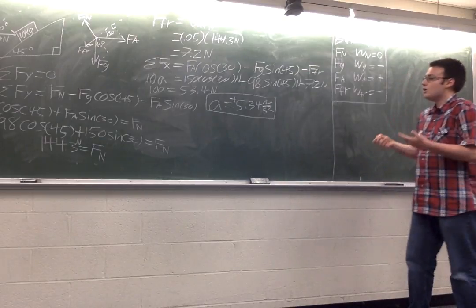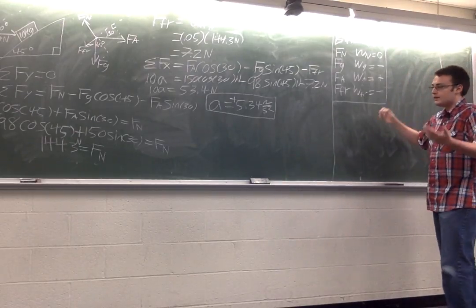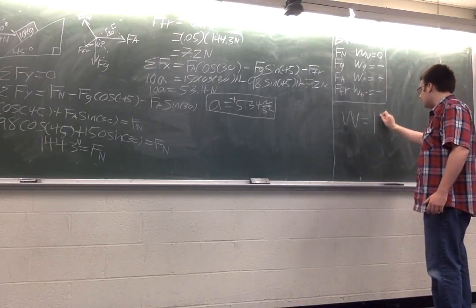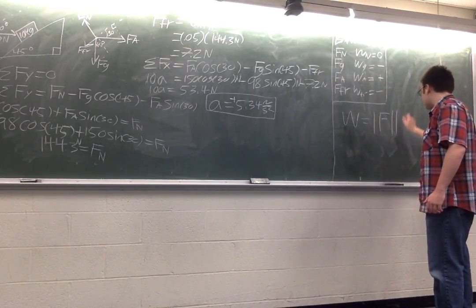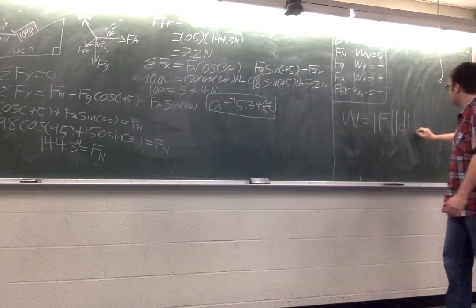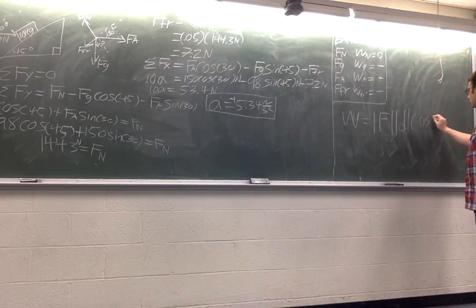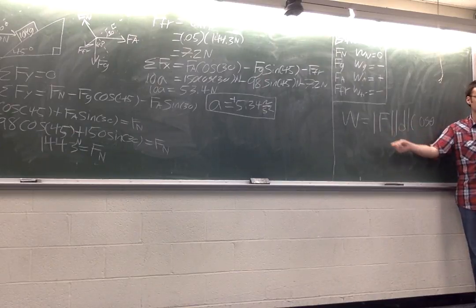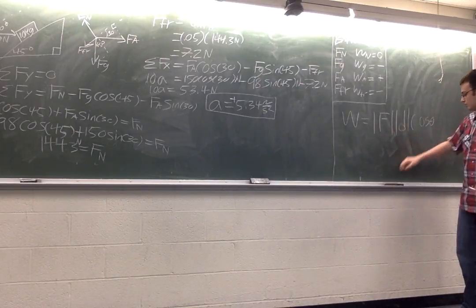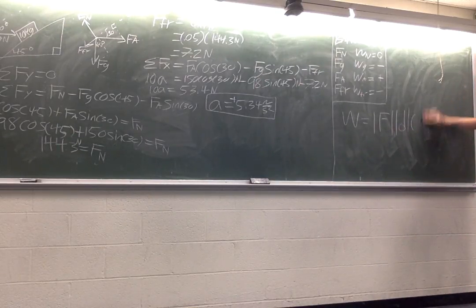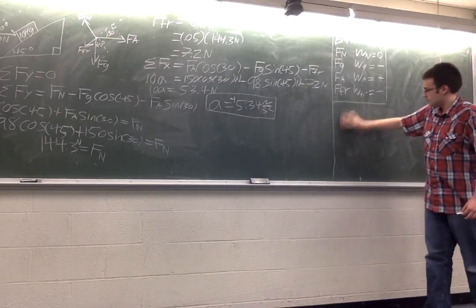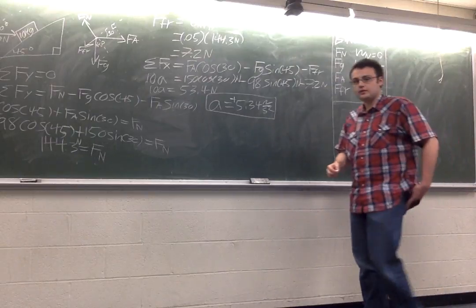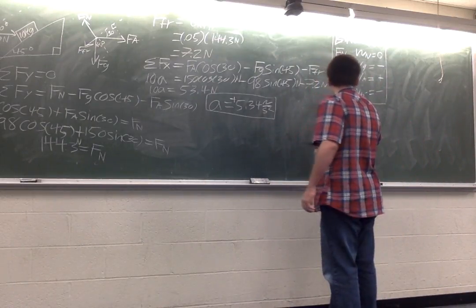That's why when we do work, we write the equation for work to be equal to the magnitude of the force times the magnitude of the displacement times cosine theta, because that means we don't care about the direction. Right. Okay. This handles the direction with respect to the motion. Make sense? Excellent. All right, let's keep going.